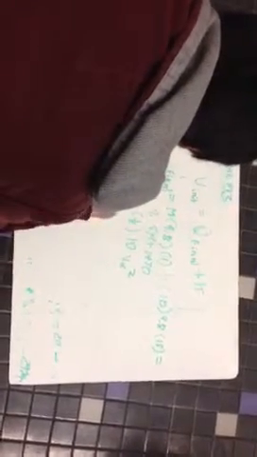So 1/2 times 10, because the projectile weighs 10 kilograms, times vx squared, and then Kb is equal to 1/2 m vb squared.